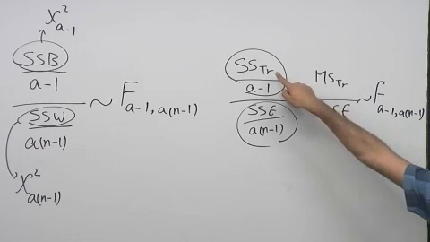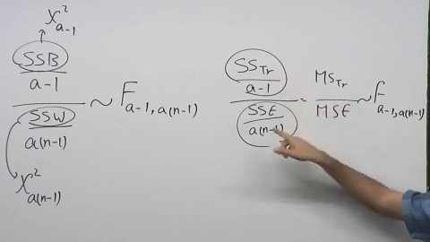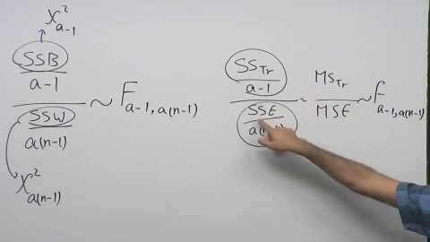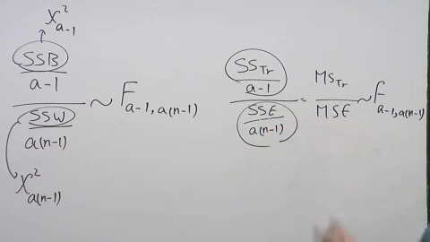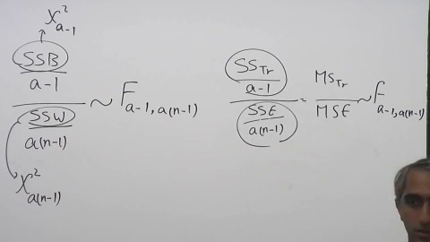You have something divided by degrees of freedom. We call it mean square of treatment. SS of error divided by degrees of freedom is mean square of error. That's it. Basically, the ratio of mean squares follows an F distribution. That's just terminology. Any questions? Is it clear?